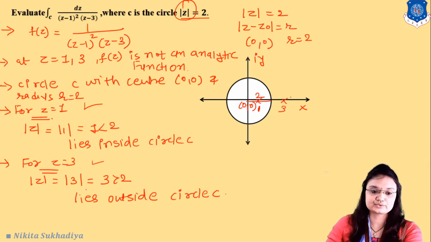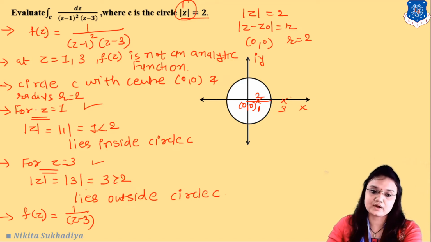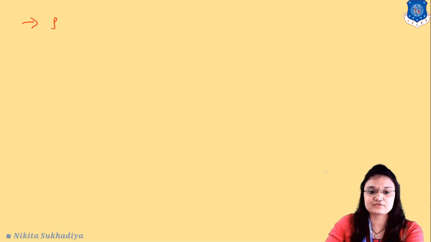Here we have to use Cauchy's integral formula for the point z = 1, which lies inside the circle C. For this point our function f(z) will become 1 upon z minus 3.